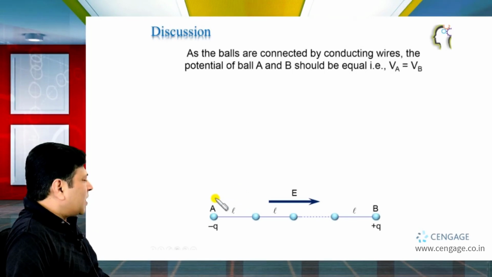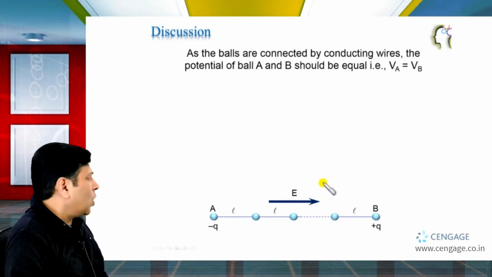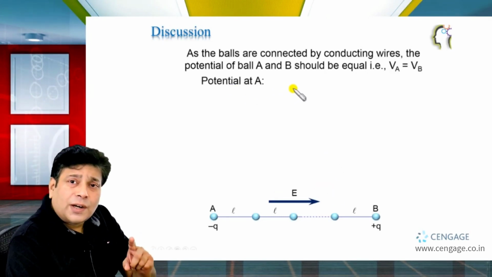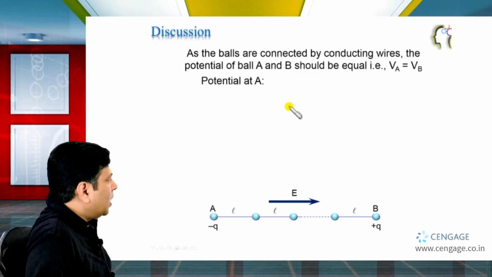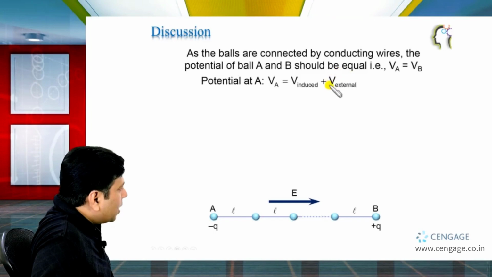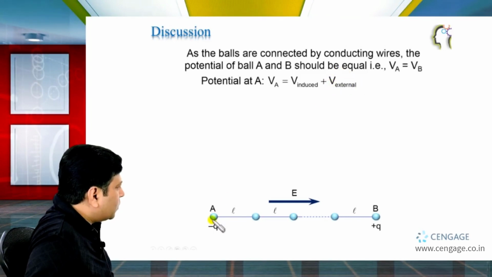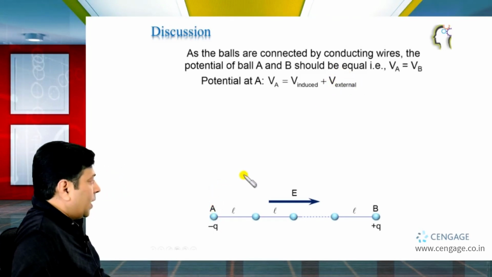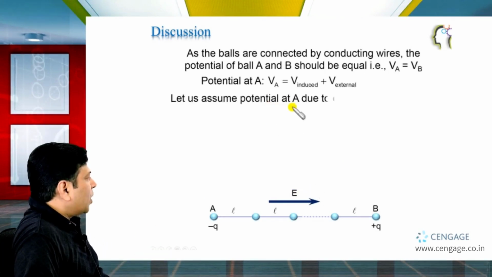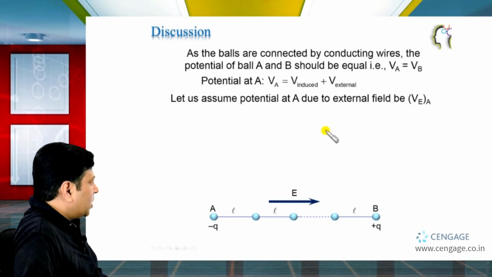The external factor is the electric field E, which is pointing in the rightward direction. So we can write the potential at A as the potential due to the induced charge plus the potential due to the external field. Let us assume the potential at A due to the external field is VEA.